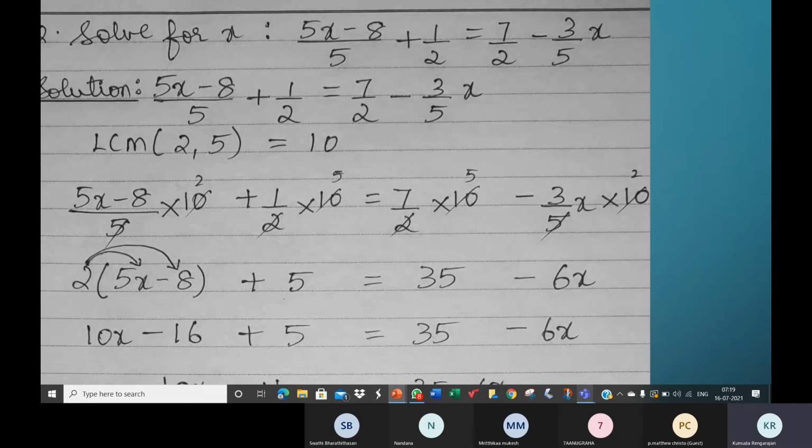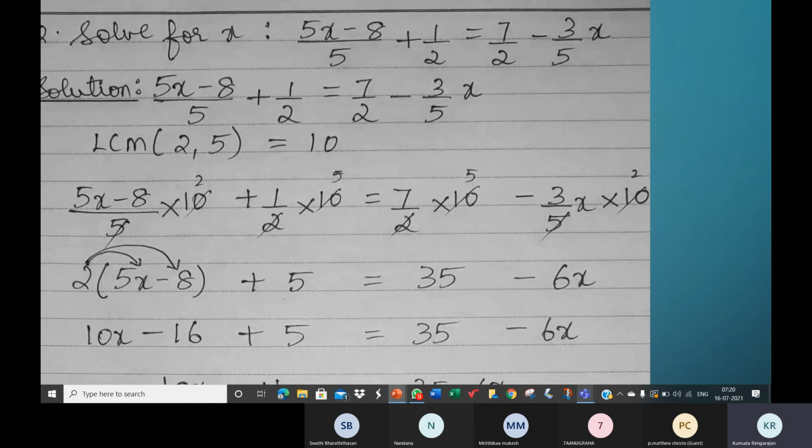Yes, ma'am, we can simplify. Yes, children, tell me the answer. What is it that we can simplify?